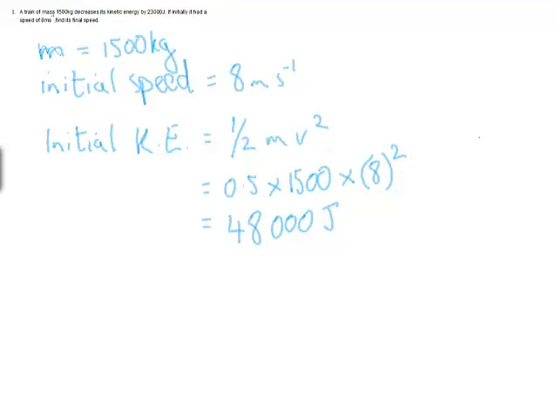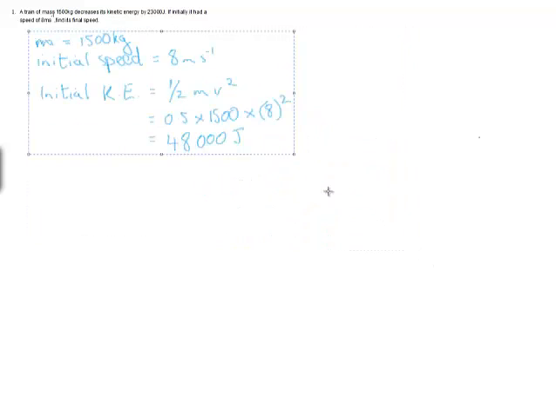So let's get ourselves a little bit of room here. Okay. So the second bit we need to do is we're trying to find the velocity, but first we need to work out what the new kinetic energy is.